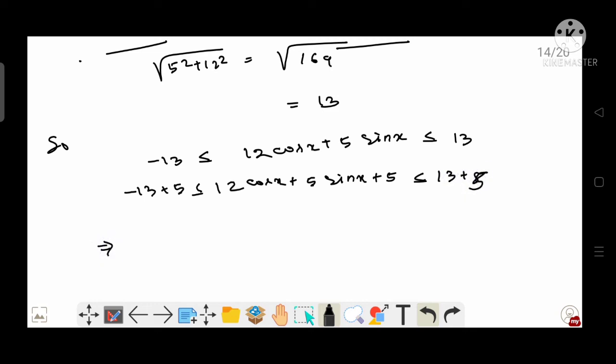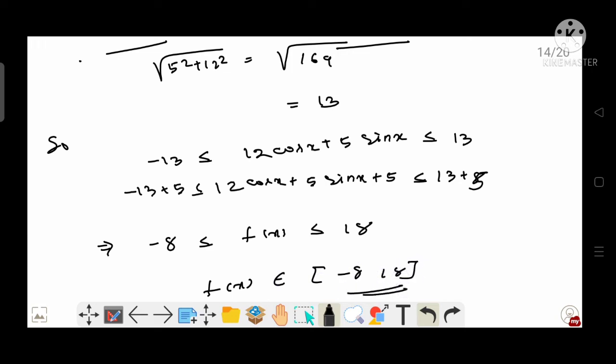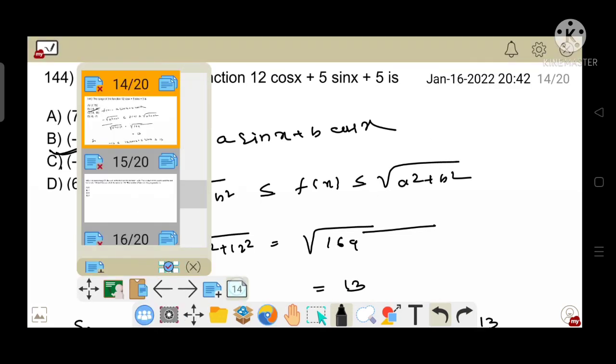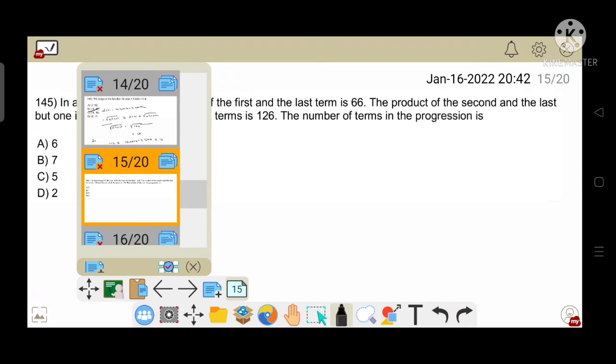So this implies minus 8 less than or equal to f of x less than or equal to 18. This would be option B. Okay, moving to question number 15.